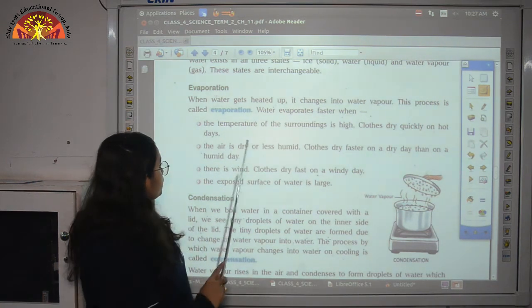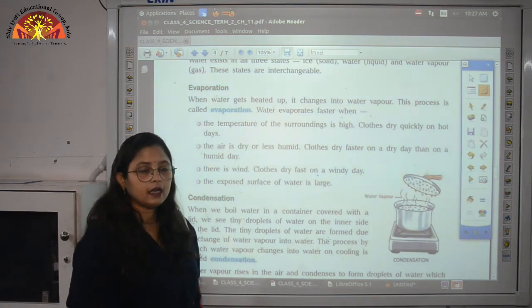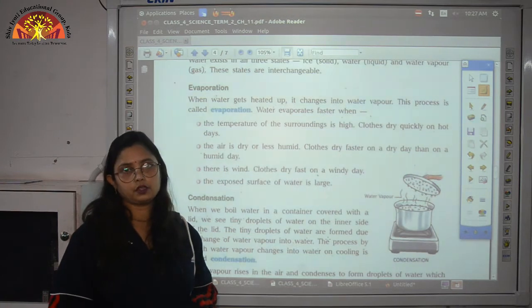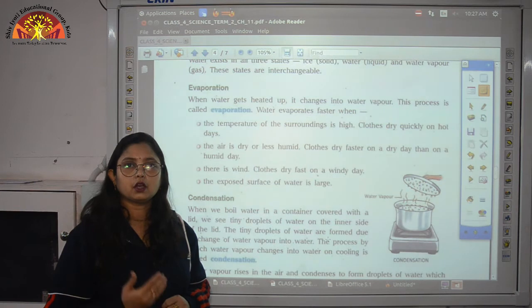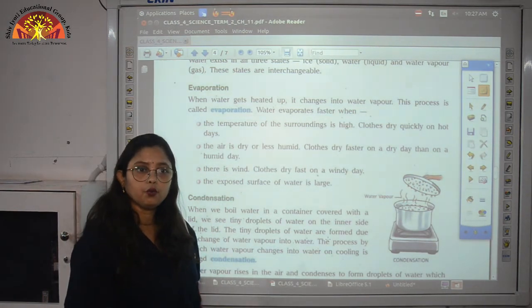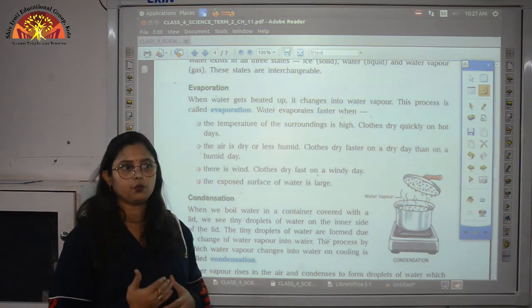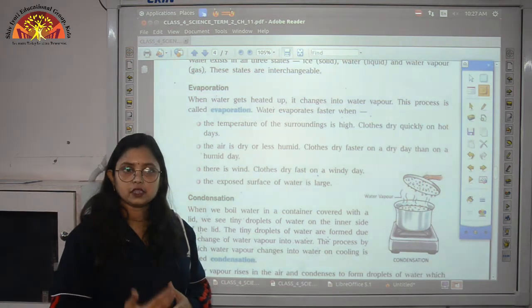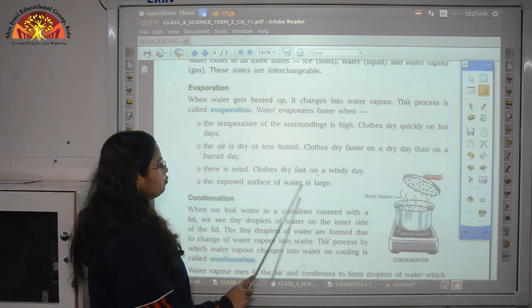Okay, then when the air is dry or less humid. Less humid means when there is less water vapor in the air. So when the air is dry, it dries up the clothes faster. Again, when there is wind, because wind is moving air, it takes up the water vapor along with it. So in presence of wind, water evaporates faster, so clothes dry fast, and the exposed surface of water is large.